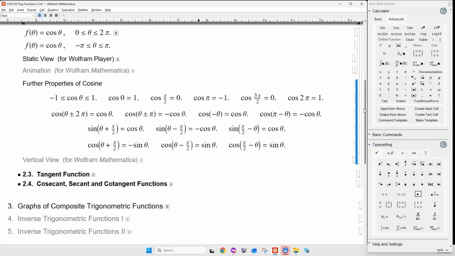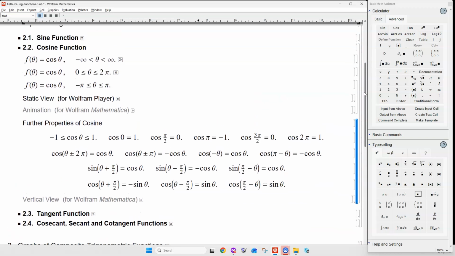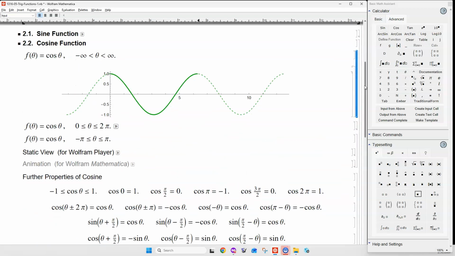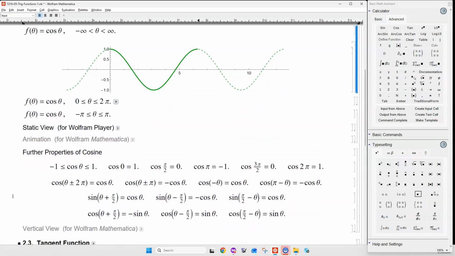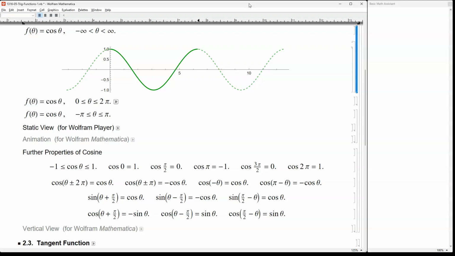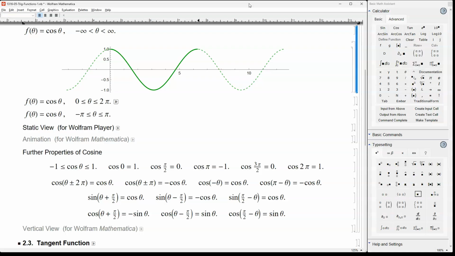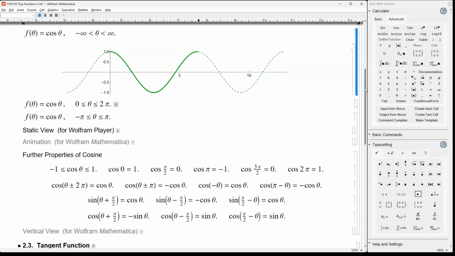And then here are some further properties of cosine. All those come from the graph of cosine function. Again, I'm not going to deduce these formulas. I'm going to do those in lesson 9 when we have to prove trigonometric identities seriously.